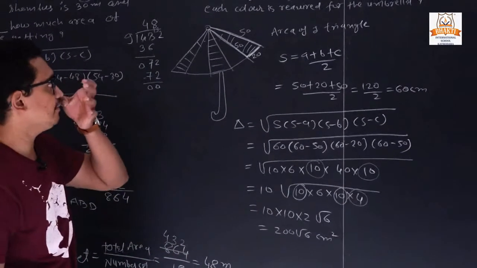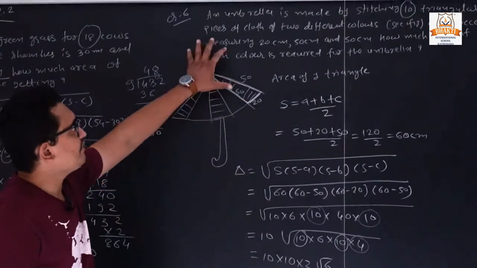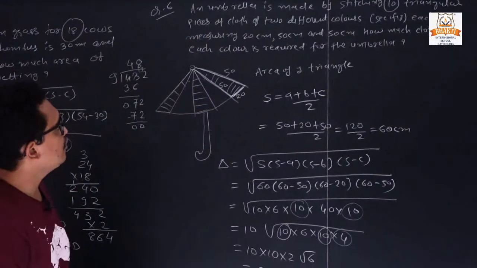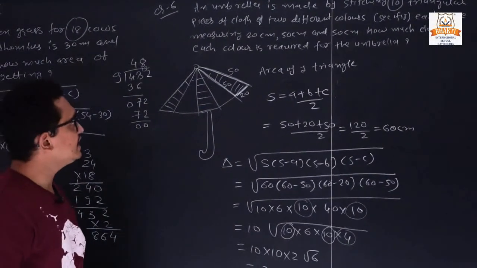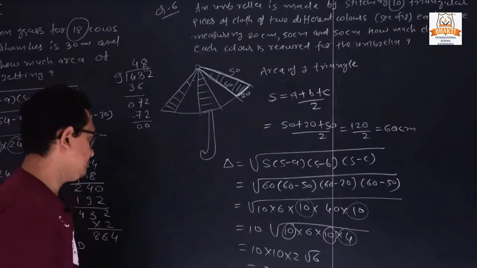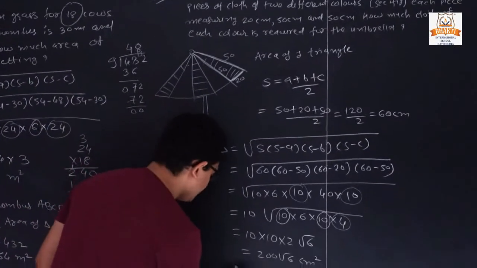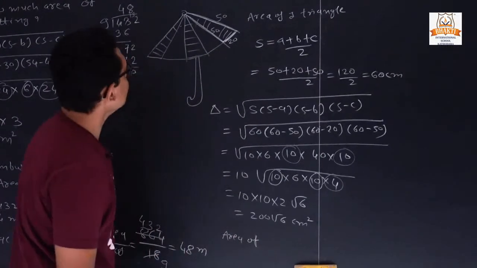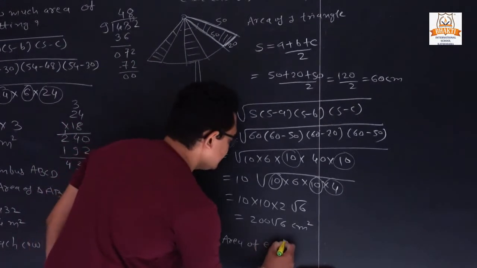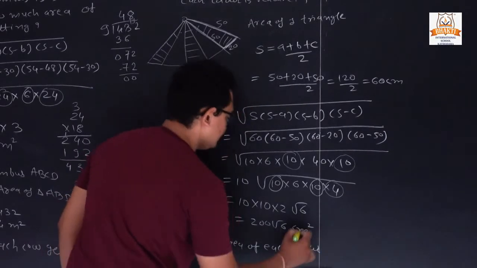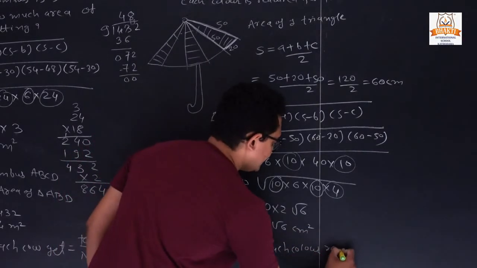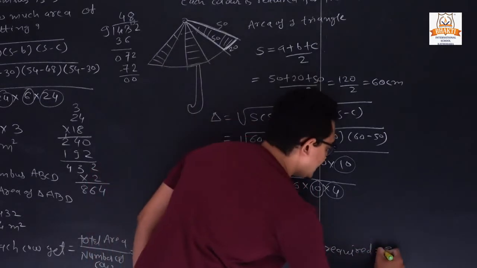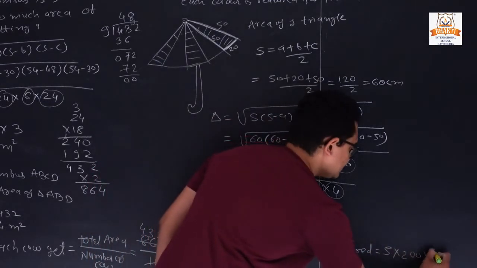Now they are asking what? Both have a 5 5 color triangular. Clear? So how much cloth each color required for a umbrella? So area of each color required is equal to, so 5 into 200 root 6.